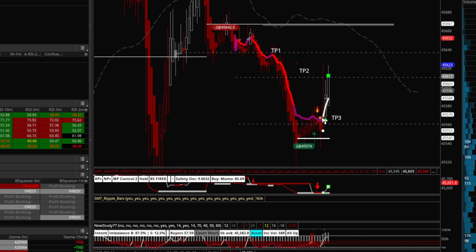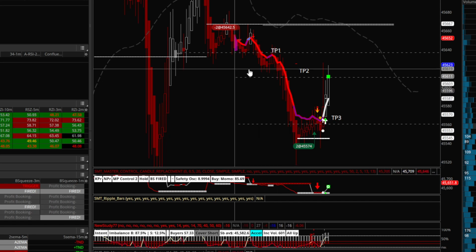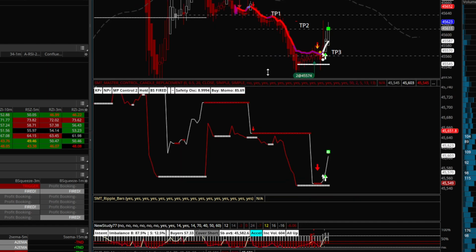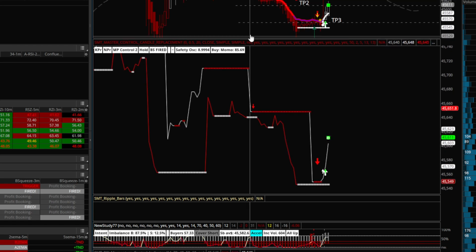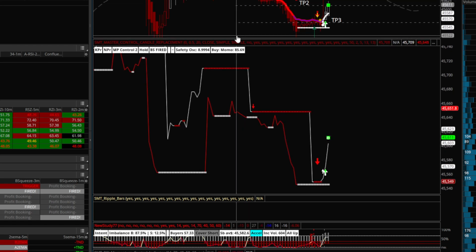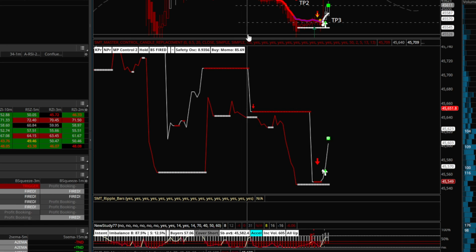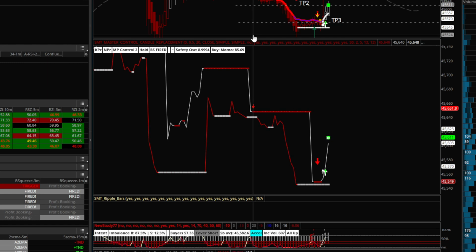Let's take a look at it on the master control, for you candlestick users out there. Again, entry was here. Take it down. Now the bulls actually had a little takeover attempt right here.